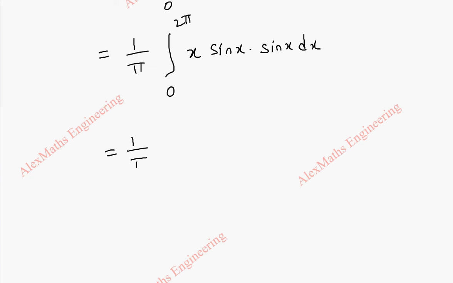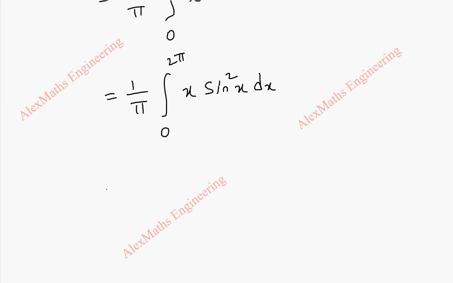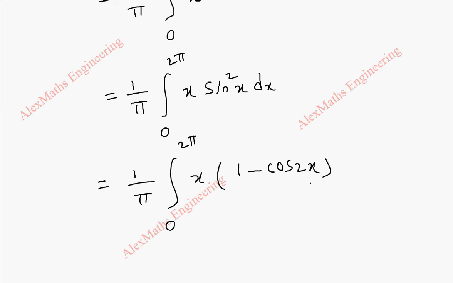So 1 by pi integral 0 to 2 pi x into sin square x dx. We have a trigonometric formula for sin square x, which we have to use here for integration. That is (1 minus cos 2x) divided by 2. This is the formula: 1 minus cos 2x by 2.